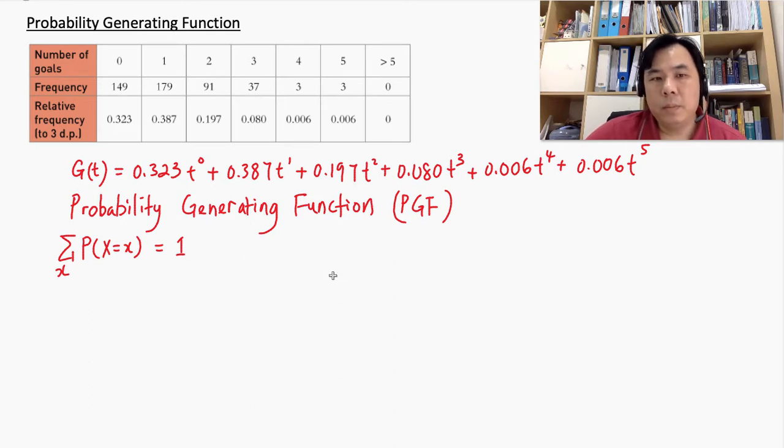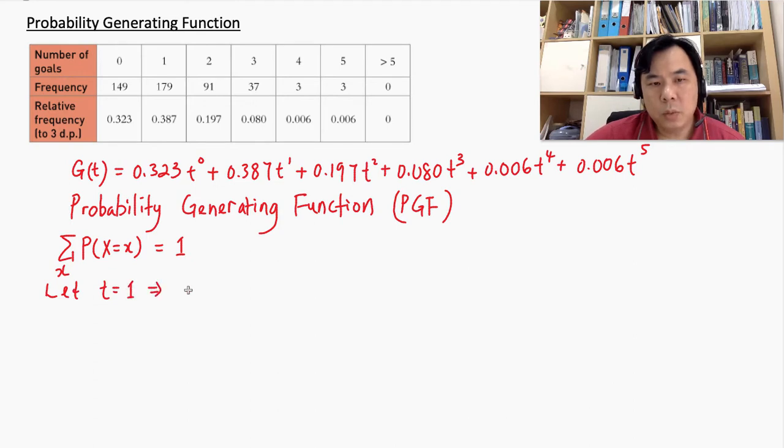All right. So how can we actually use the probability generating function to achieve the same result here? We can do so by letting t equal to 1 here.